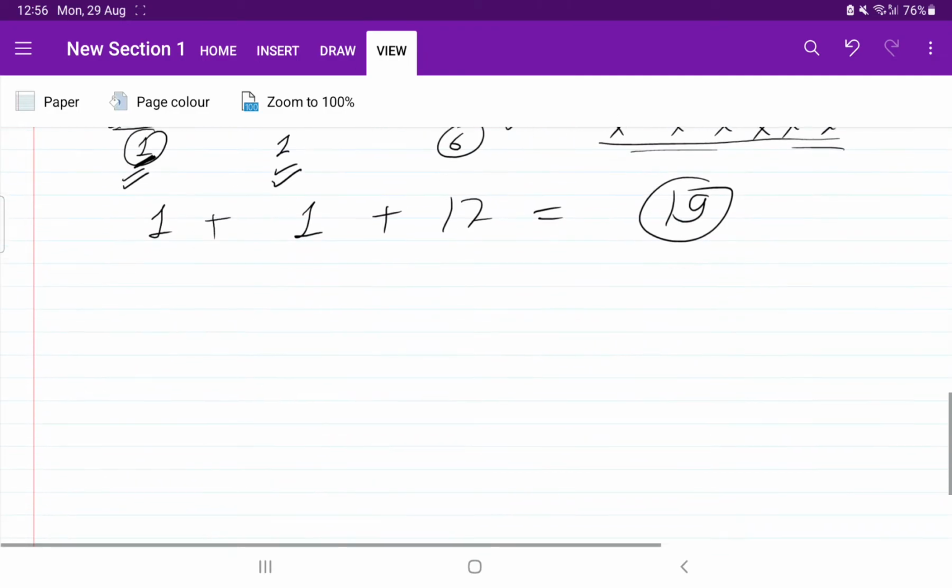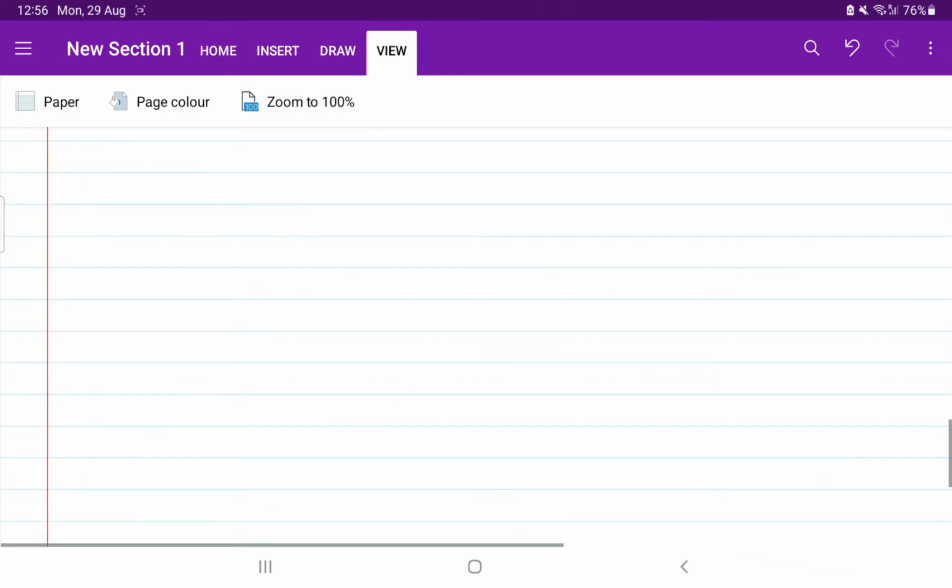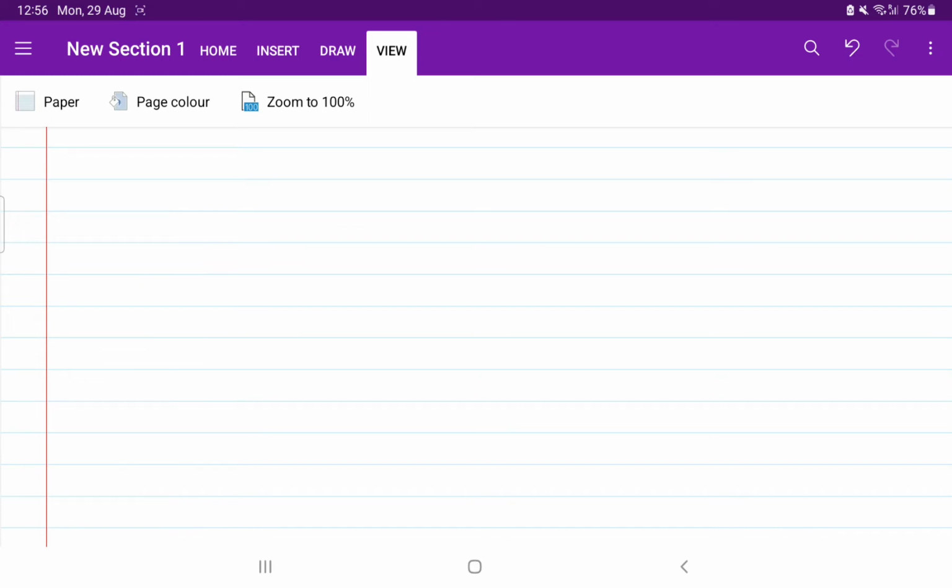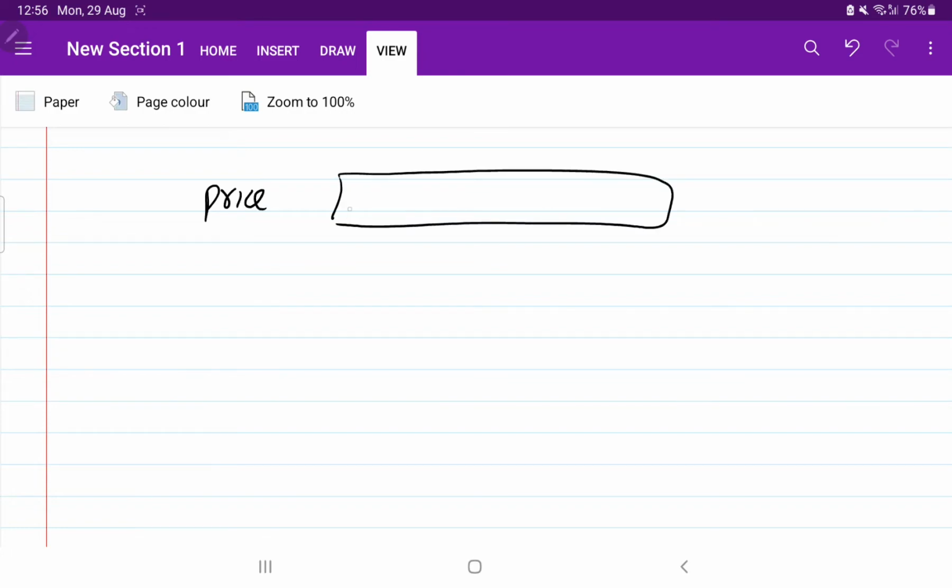So what were we doing in the knapsack? In knapsack, we were first writing the recursive solution, then we will move on to the dynamic programming solution. Right? So the price array and the length array are given. The price array was like this: 1, 5, 8, 9, 10, 17, 17 and 20.